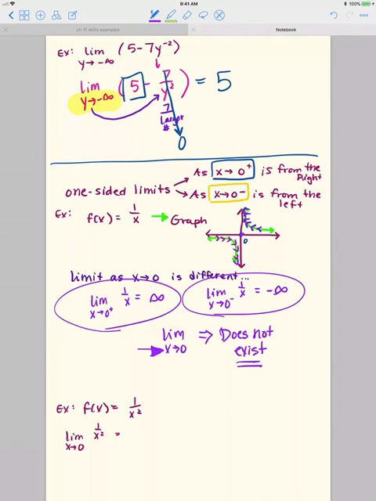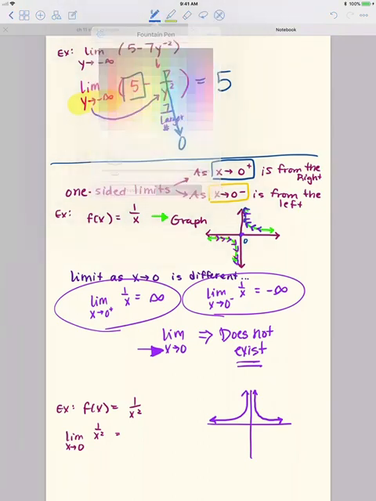Here's another one for a limit as x goes to a number. As x goes to 0 for this function, you get really close to 0. x cannot be 0. Looking at the graph for 1 over x squared, there's a curve in the first quadrant, a curve in the second quadrant. 0 is there. Here's the origin at 0.